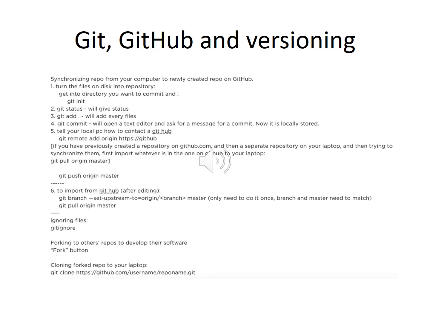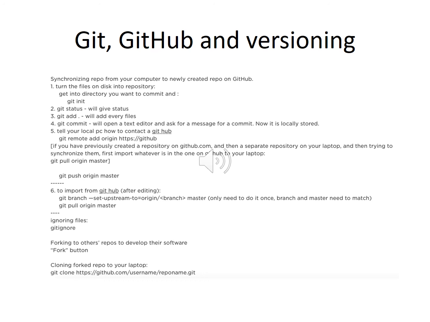Your next step would be adding all files in your working directory on your computer into the cache, and you would do that using the command git add dot. This will add every single file in the directory that you just initialized. Your next step would be committing that, using git commit.